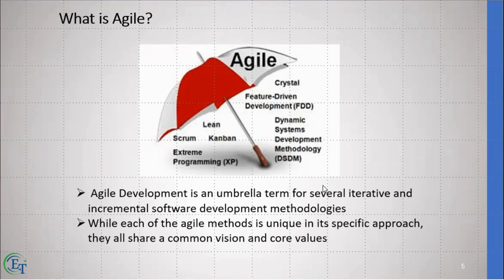These iterative and incremental methodologies have proven to do much better than the stage gate or waterfall methodologies, and they make a department, team, and organization more successful in their initiatives. Each of these Agile methods is unique in its specific approach, but they all share a common vision and core values of Agile.